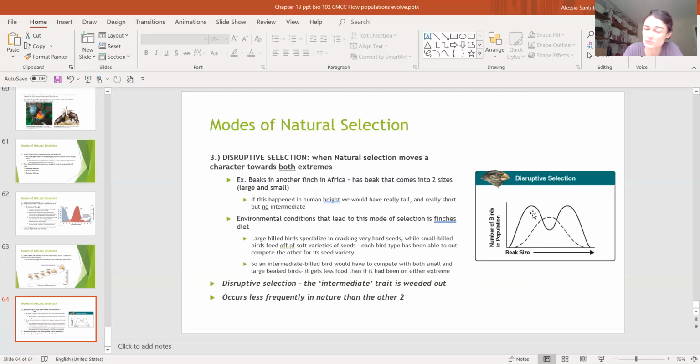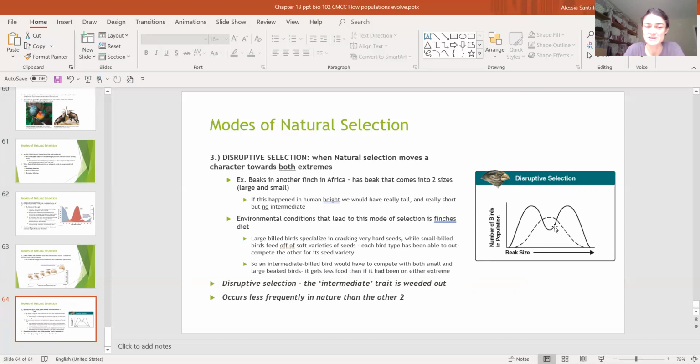Intermediate beaks would be kind of good at both, but since the smaller beaks are doing such a good job with the small seeds, and the larger beaks are so good with the larger seeds, the intermediate birds are at a disadvantage.